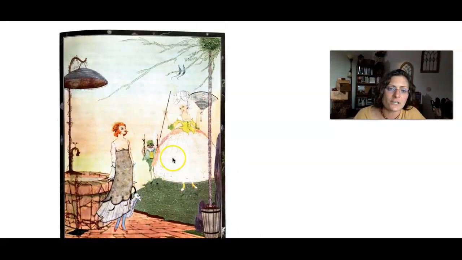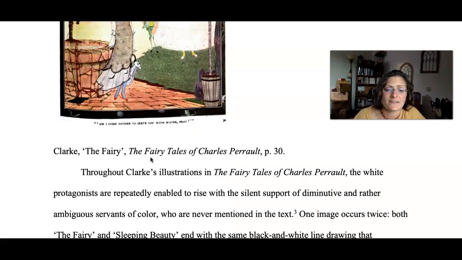And if you'll notice here, both the protagonist and the fairy godmother are united by this pale skin that they share. And the fairy helper is a person with a darker skin and a diminutive size.